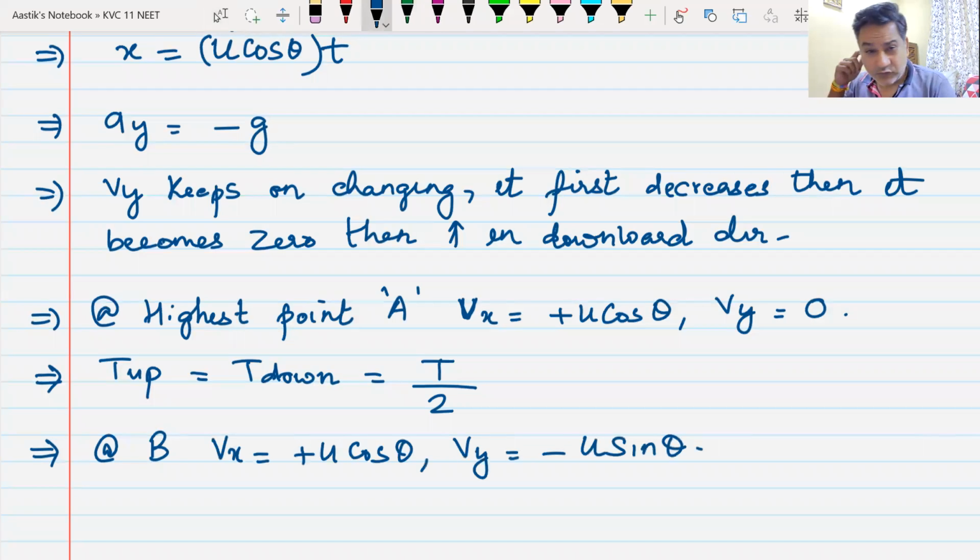So basically it is falling with the same speed, but with a different velocity. Why same speed? Because magnitude is same. Why different velocity? Because direction is different. It was thrown like this, but it is falling like this.